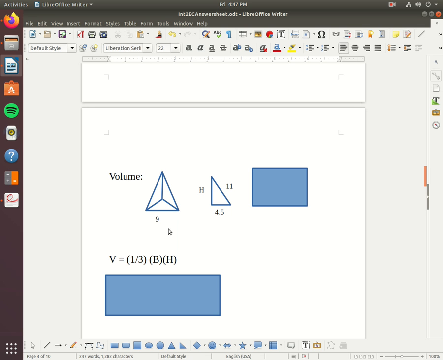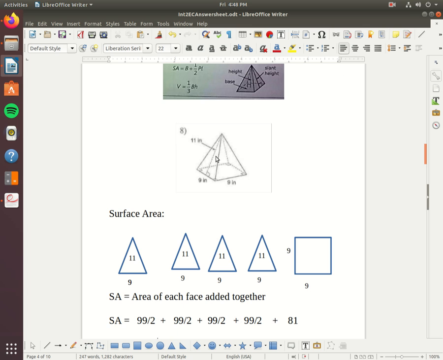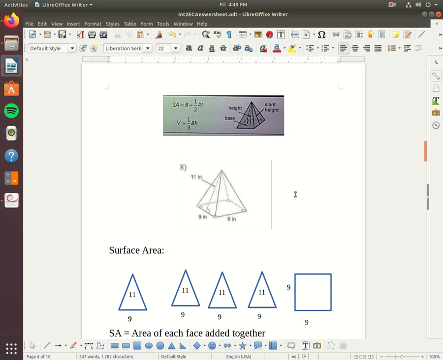Like I said, for volume, the formula is 1/3 times the base times the height. And I think this formula is great. The problem is, if I look here, I don't know what the height is. I know the slant height is 11. And the difference between slant height and actual height is kind of like the following. Imagine you have an 11-foot ladder.